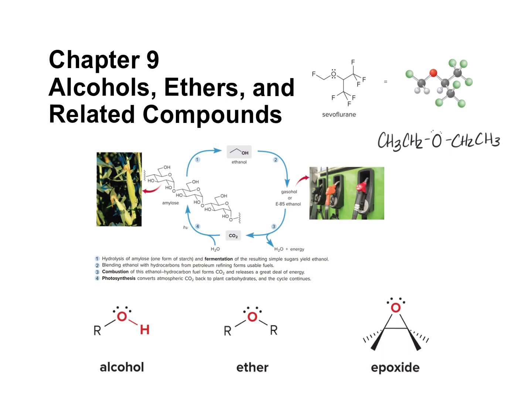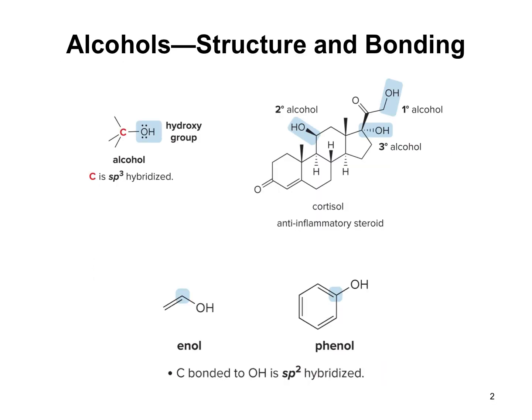Now, let's talk a little bit more about alcohols. When we talk about alcohols, as I mentioned, they contain this OH functional group, which is a lot of times called a hydroxy group. It's important to remember that that particular carbon shown here is sp3 hybridized.